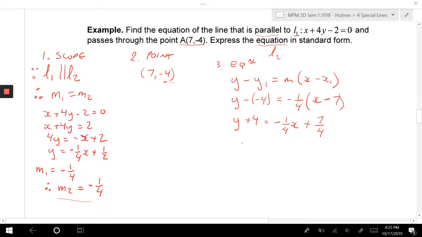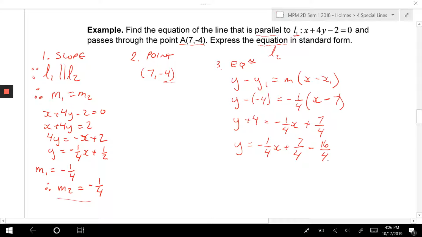I need to isolate y. Actually, we're asked to express the equation in standard form, so I do want to join my like terms. I've got a constant 4 on the left and a 7 over 4 on the right, so I'll subtract 4 from both sides. I'm going to do it in one step. If I subtract 4, I'm going to need a common denominator of 4, so 4 is the same as 16 over 4.